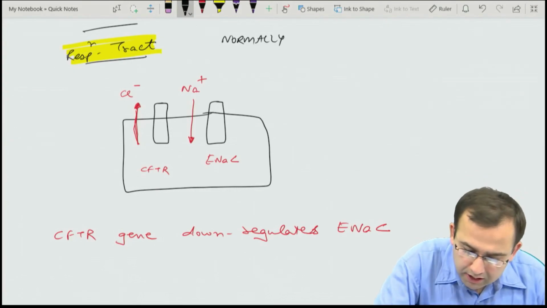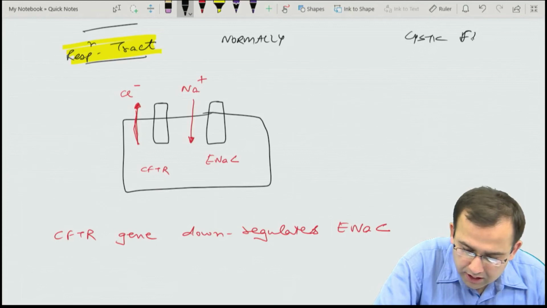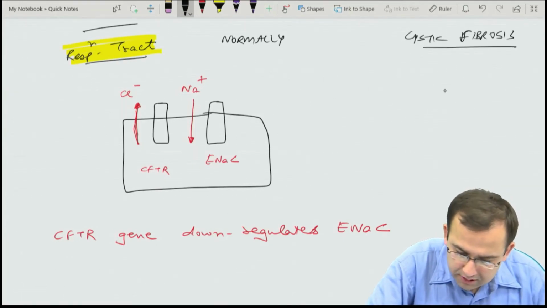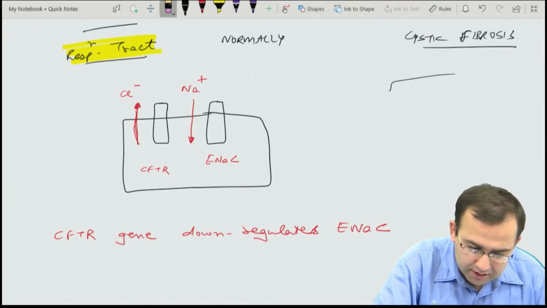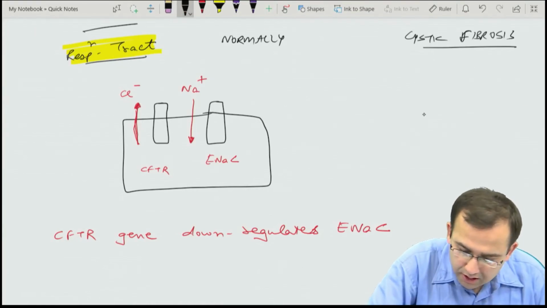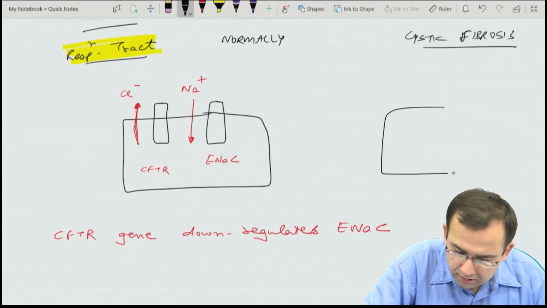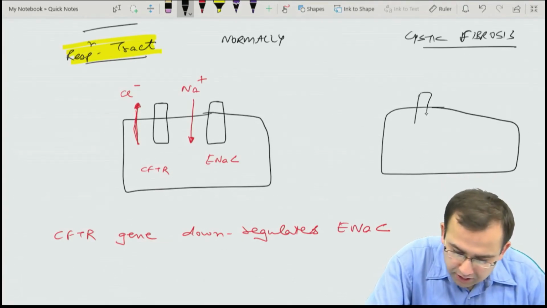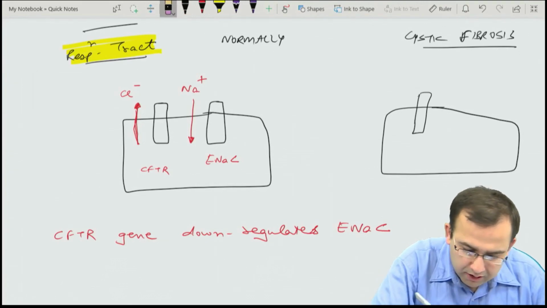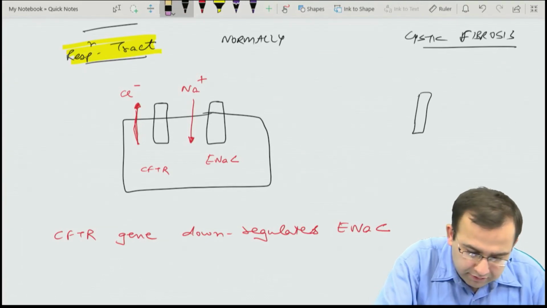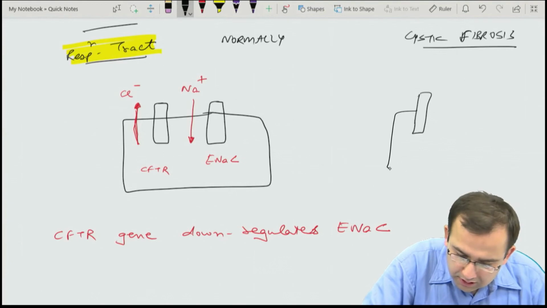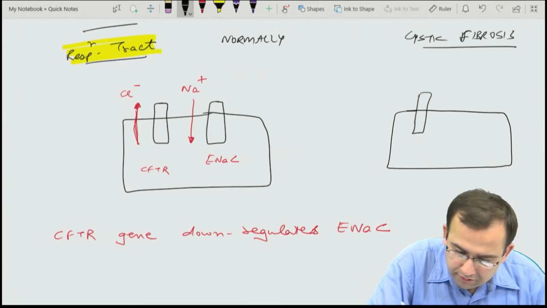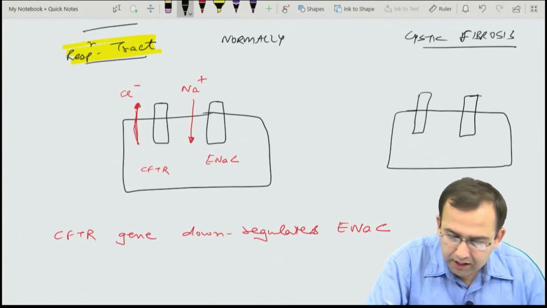So, in cystic fibrosis, if this is the cell, let me draw it again, with the same two proteins, CFTR protein and ENaC.